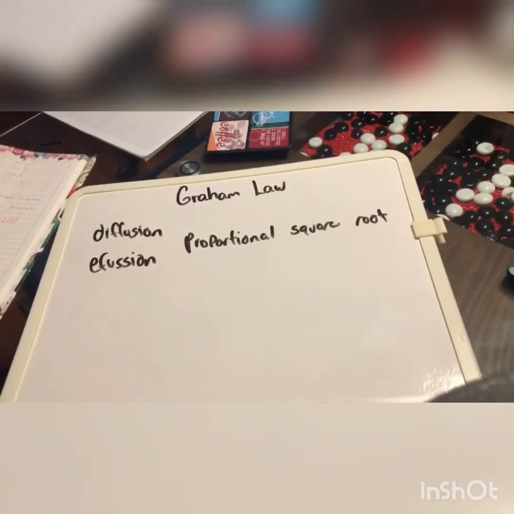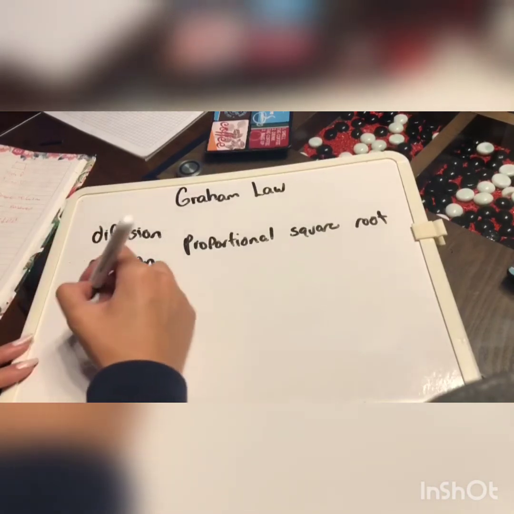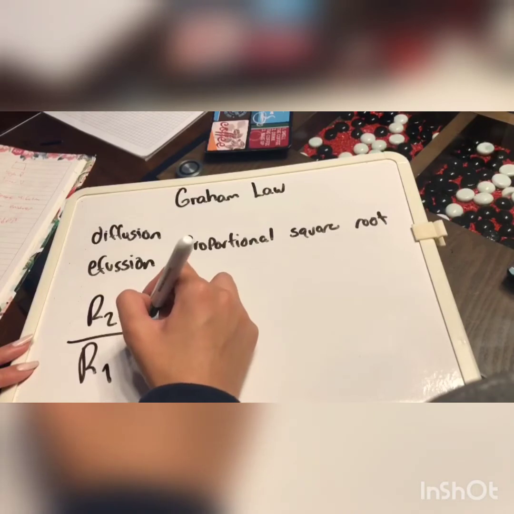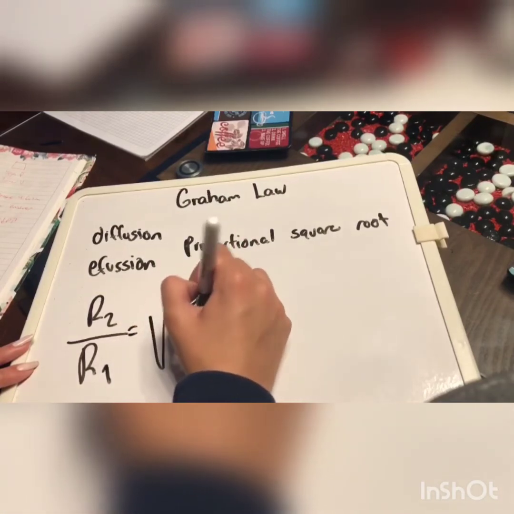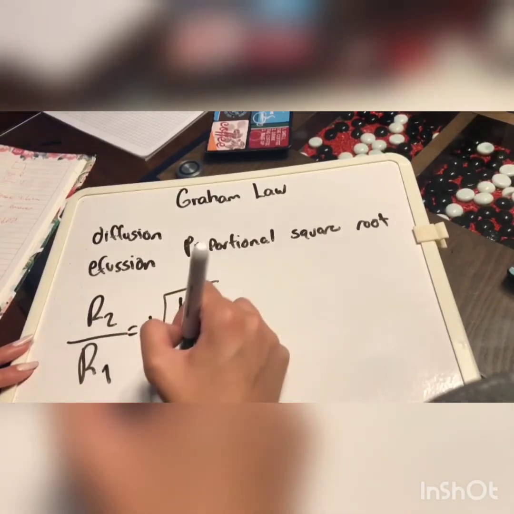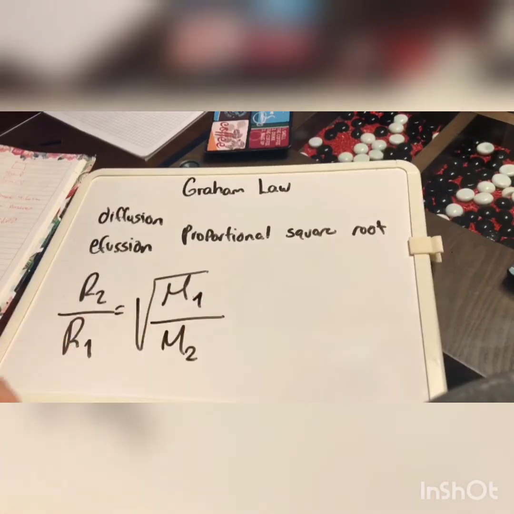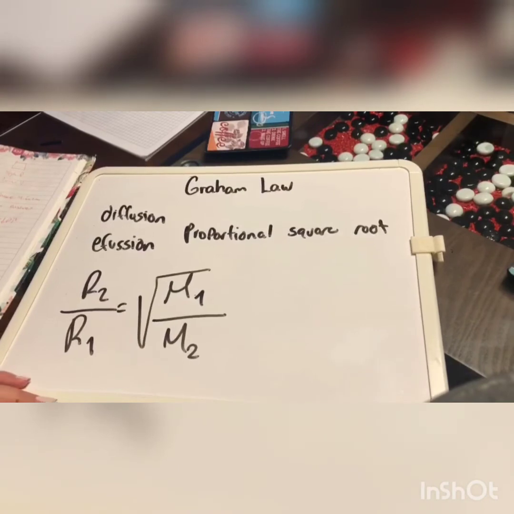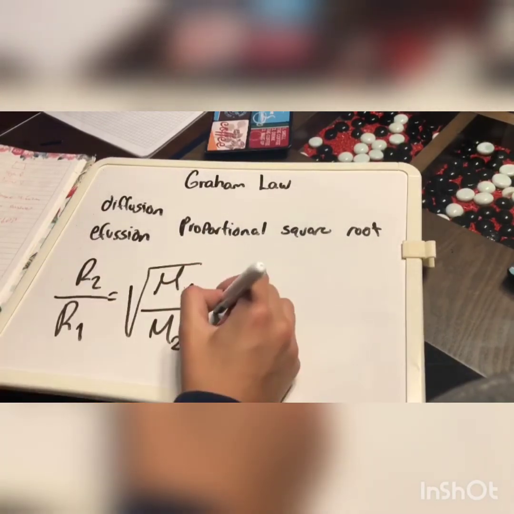Graham's law states that diffusion and effusion of gases are inversely proportional to the square root of their respective molar masses. So the formula is R2 over R1 equals the square root of molar mass 1 over molar mass 2, and shows the ratio of gas A speed and gas B speed.